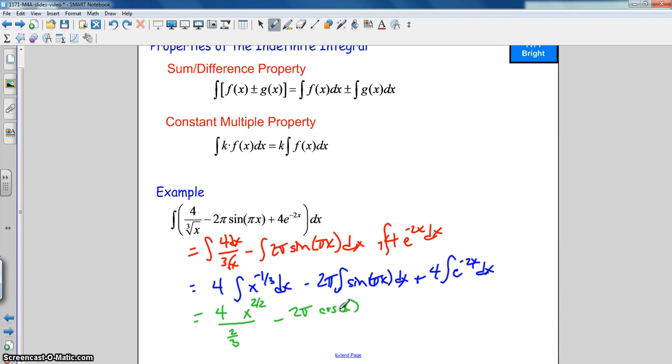But remember when I differentiated cosine, I have a minus, so that becomes a plus, and then I have to divide by whatever constant I'm multiplying by, and this should be pi x, I'm sorry. Divide by pi, and then that's done. Then I have 4 e to the x. The antiderivative of that is just e to the x, and then I have to divide by whatever the constant up here is, and that's minus 2.